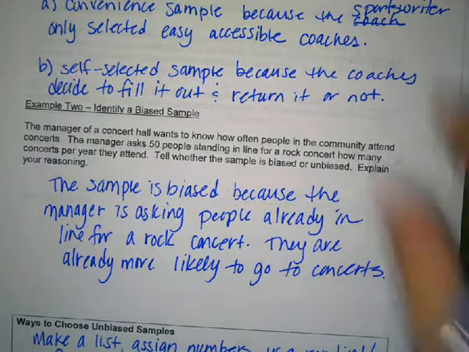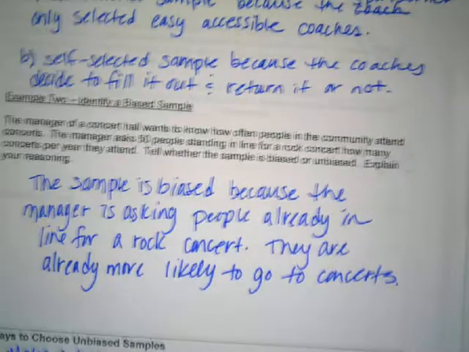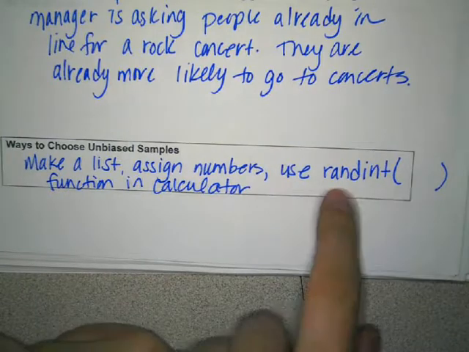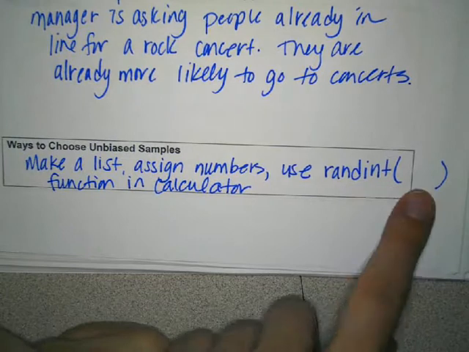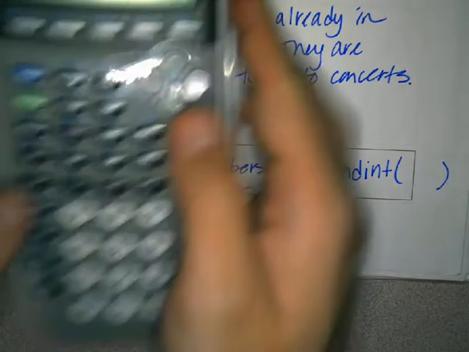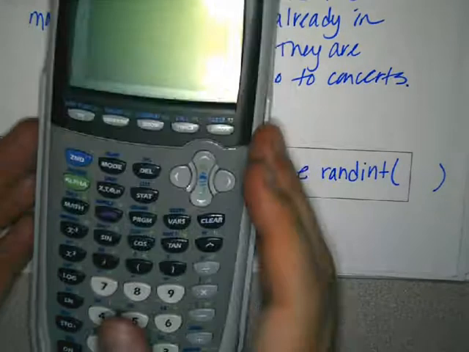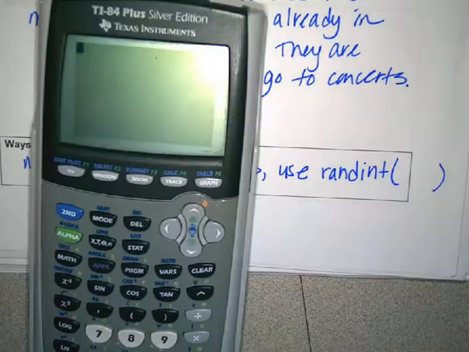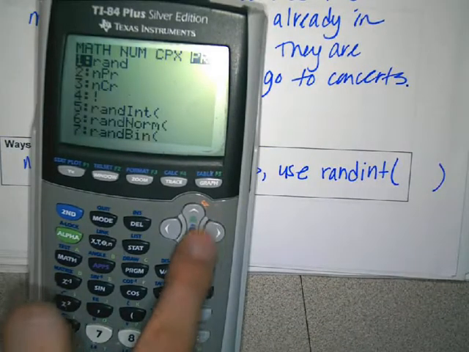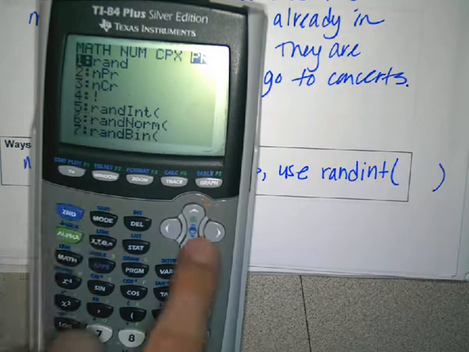Okay. So for ways to choose unbiased samples, you're going to make a list, assign numbers, and use what we call the random integer function in your calculator. If you go to Math and then the Probability menu, you'll see the random integer selection there.